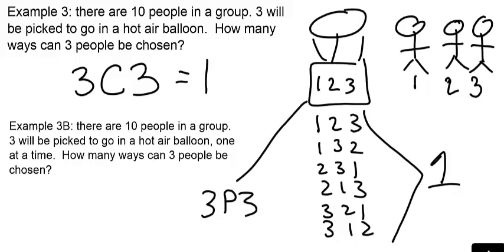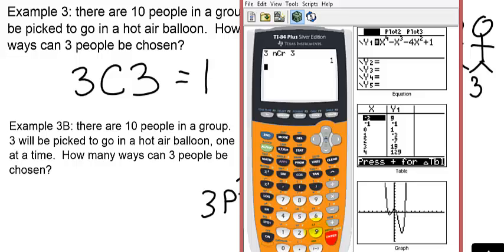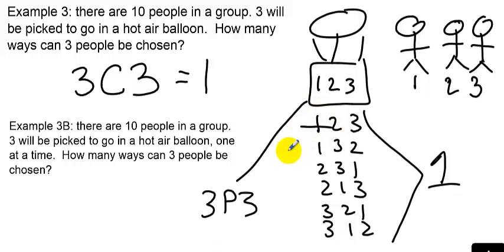And if we go to the calculator, 3, you will see that there's 6 different outcomes. Well, let's count. 1, 2, 3, 4, 5, 6. That's exactly what we got.